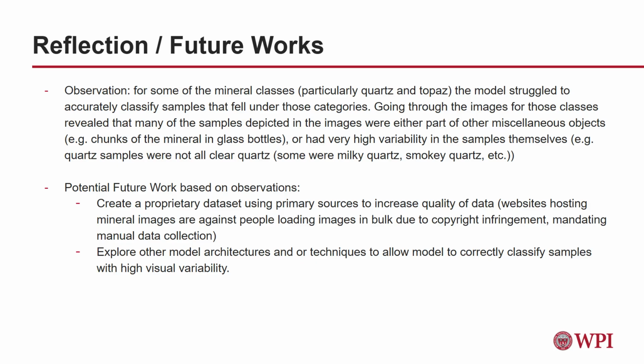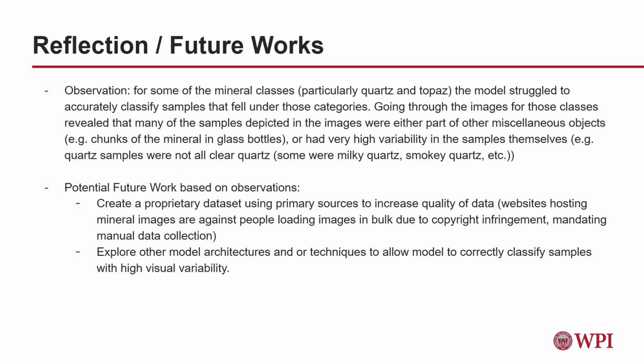So in terms of the reflection and future work, when we tested our app on the mineral samples that you've seen just now, we noticed that for some of the classes, particularly quartz and topaz, the model was not able to accurately classify samples that fell under those categories.